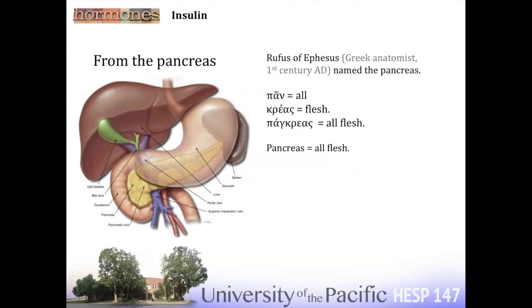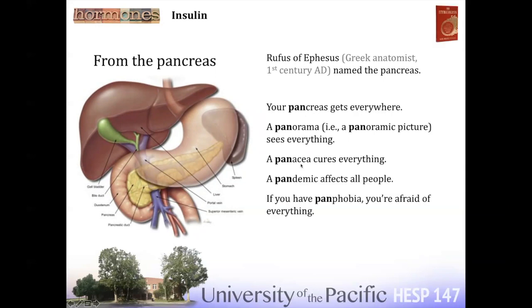Don't write this down. Take a breather, take a minute, and this is just story time. So the pancreas, anything pan, a panoramic, pan anything is just like all over the place, right? So pan's all, and then flesh. So the pancreas is all flesh. That's what it's named after. So, panorama or panoramic, you're seeing everything.